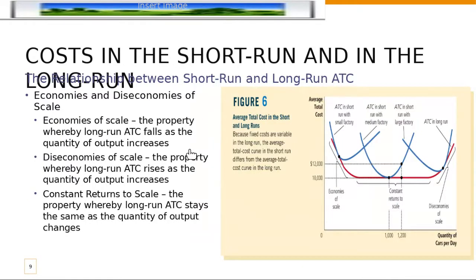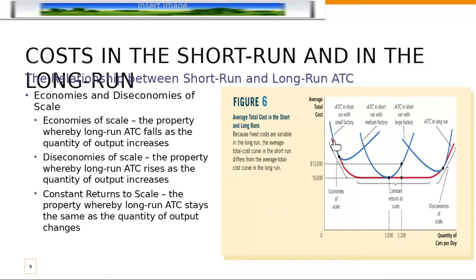Now, one thing to note here, we have cost in the short run and in the long run, and the relationship between short run and long run ATC looks something like this. If you have a small factory, it's very difficult to reach economies of scale. And economies of scale are the property whereby long run average total cost falls as the quantity of output increases.